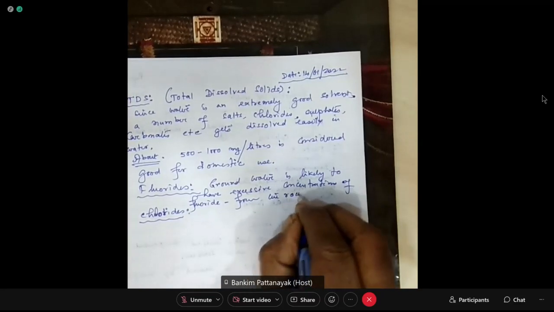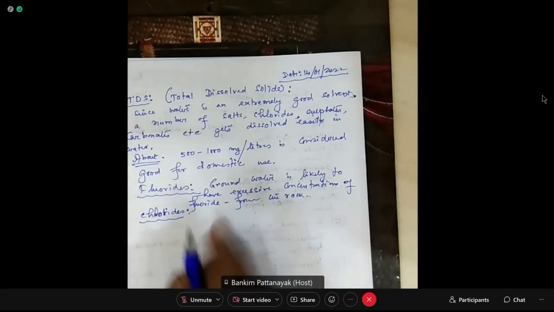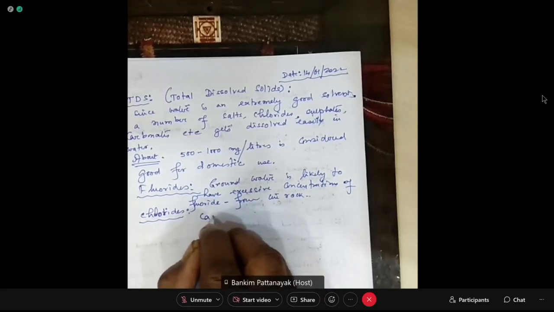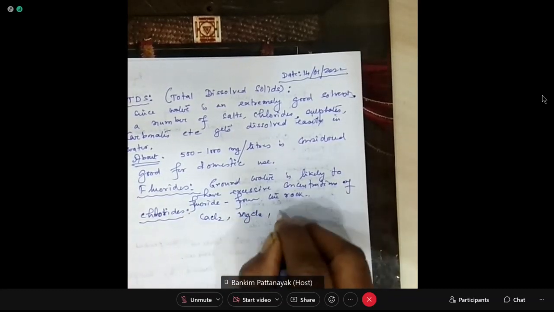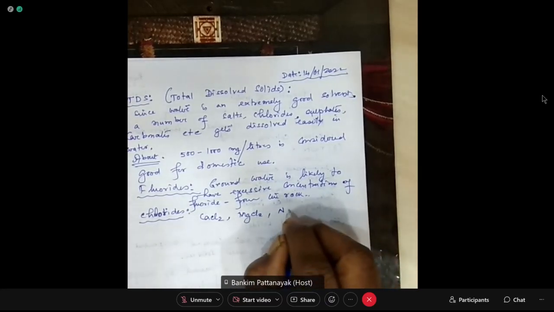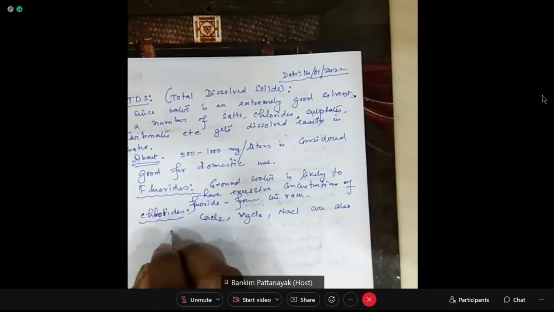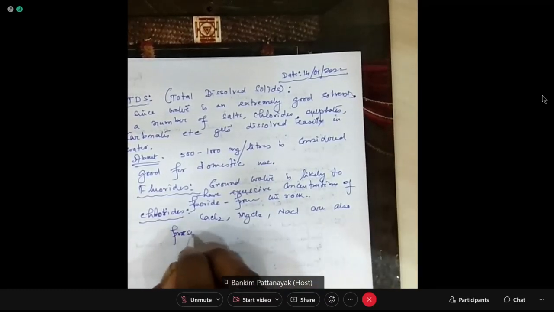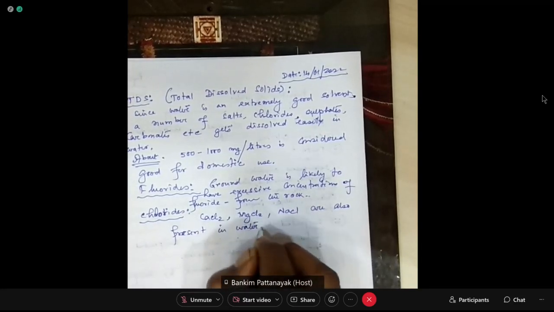Chloride, similarly, calcium chloride, magnesium chloride, sodium chloride are present commonly in water. CaCl2, NaCl are also present in water, usually.